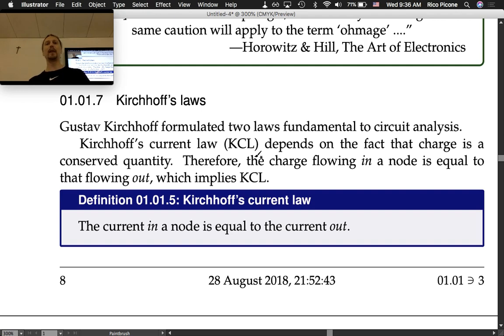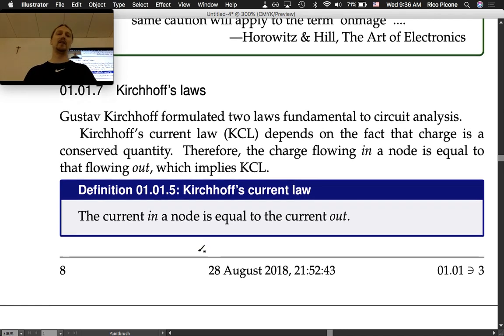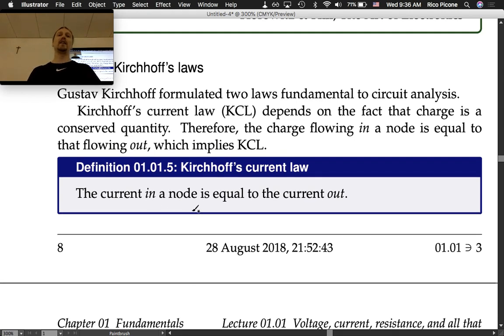Therefore, the charge flowing into a node is equal to the charge flowing out, which implies Kirchhoff's current law: the current into a node is equal to the current out. So current in equals current out. There can't be any lost charge.